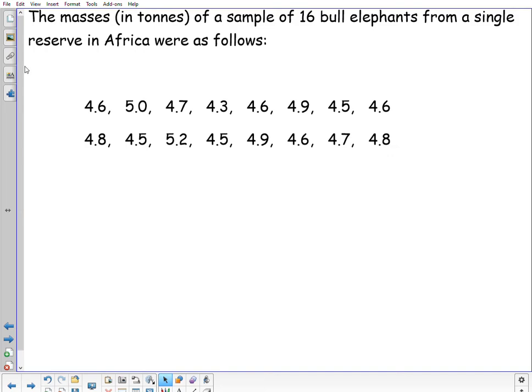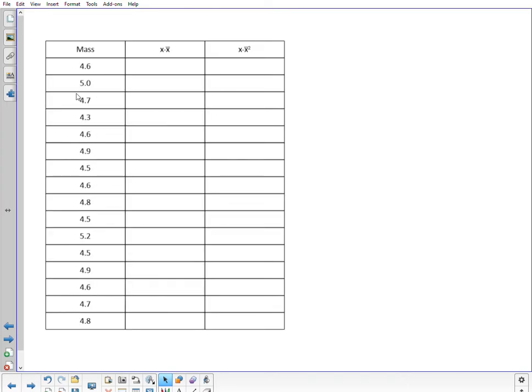The masses in tons of a sample of 16 bull elephants from a single reserve in Africa were as follows. So we've got 16 sets of data. Okay, so the first thing we need to do is arrange these sets of data into a table. So here are our masses. And then we need to work out the mean, so that's our value of x bar, of all of these sets of data.